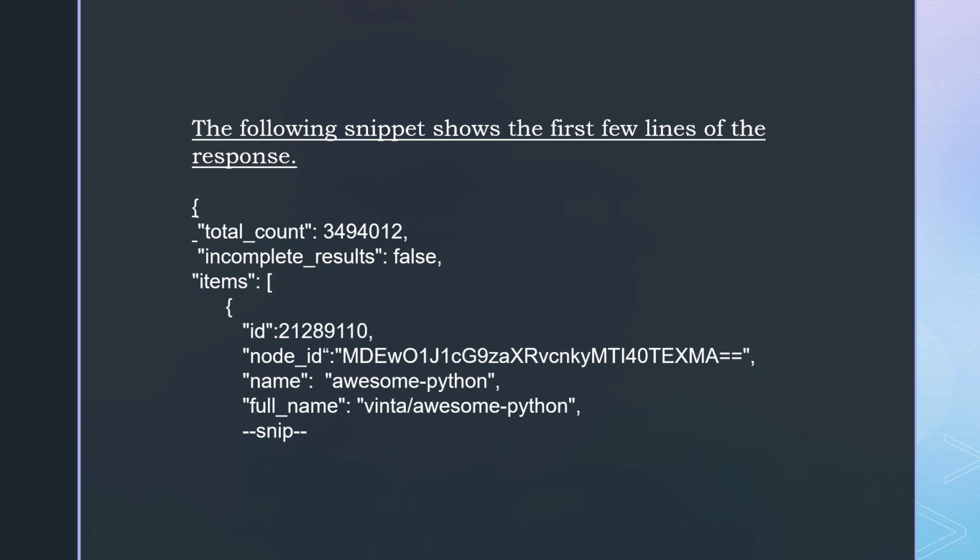Because the value for incomplete_results is false, we know that the request was successful and not incomplete. If GitHub had been unable to fully process the API request, it would have returned true here. The items returned are displayed in the list that follows, which contains details about the most popular Python projects on GitHub.